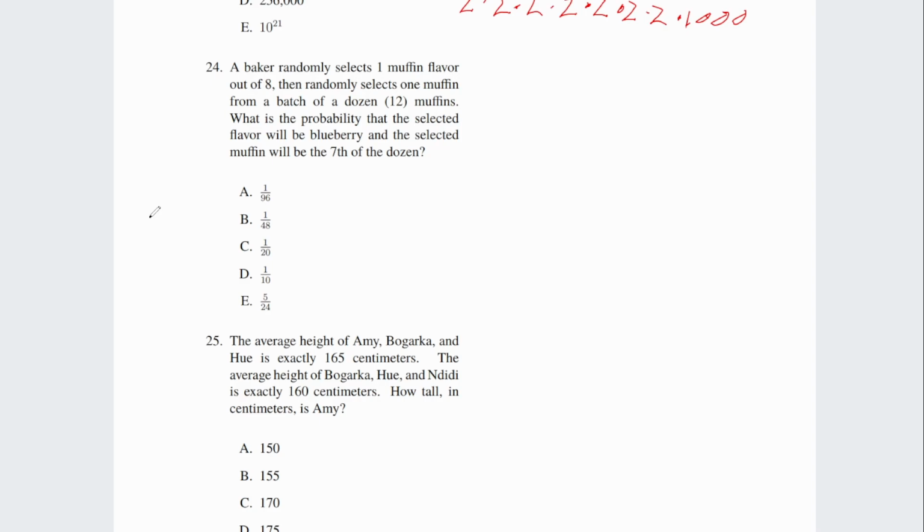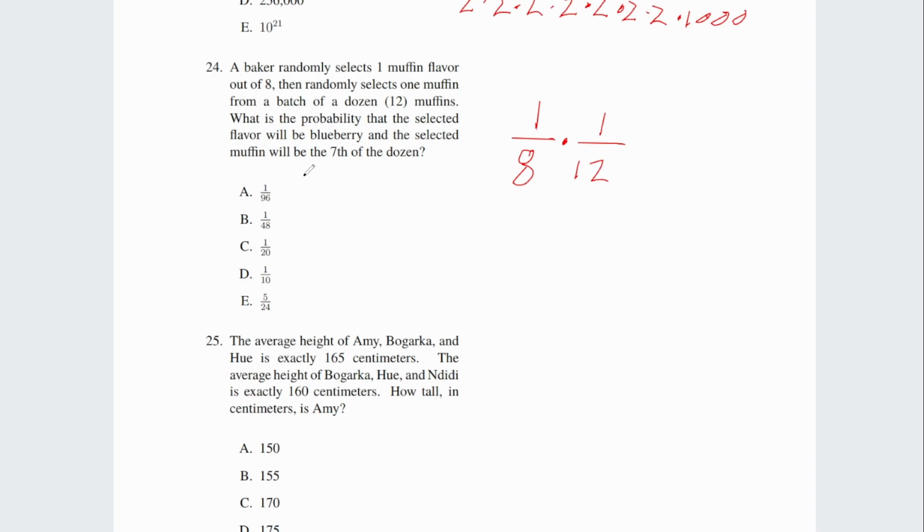Question 24 asks, a baker randomly selects 1 muffin flavor out of 8, and then randomly selects 1 muffin from a batch of a dozen, 12 muffins. What is the probability that the selected flavor will be blueberry and the selected muffin will be the 7th of the dozen? So we know that it's 1 flavor out of 8, which is blueberry, and 1 muffin out of the dozen, so the 7th out of 12. Remember your simple probabilities.